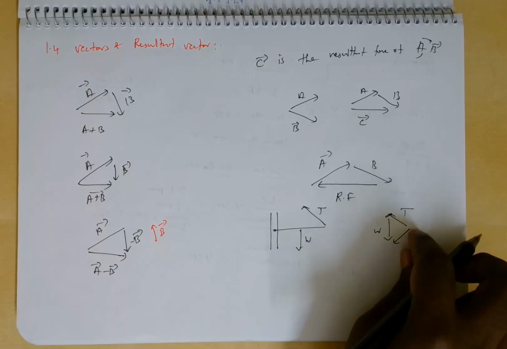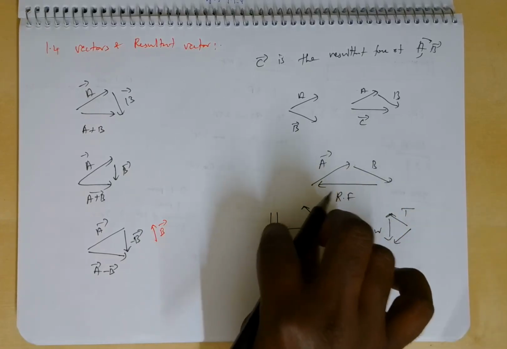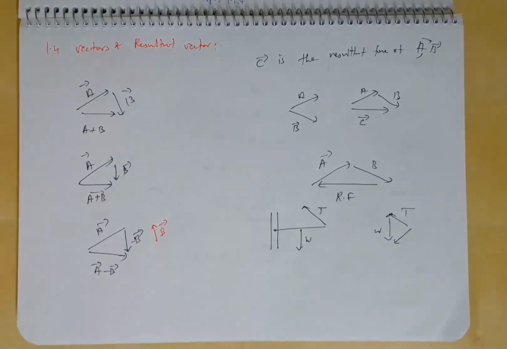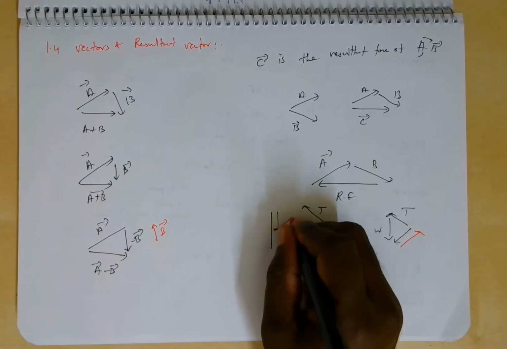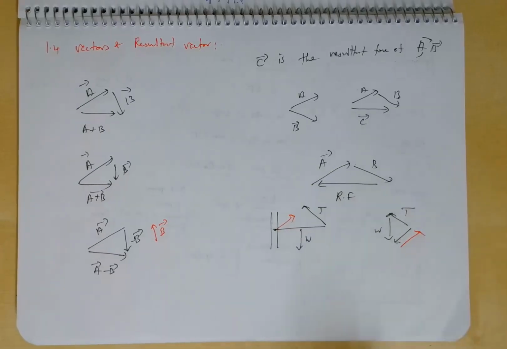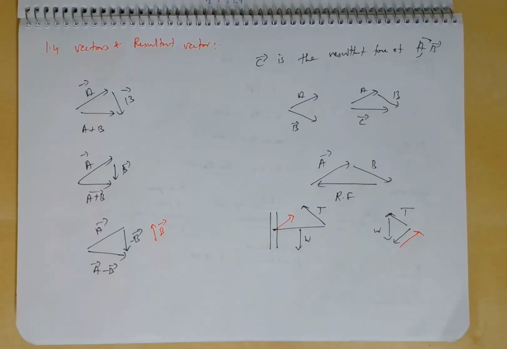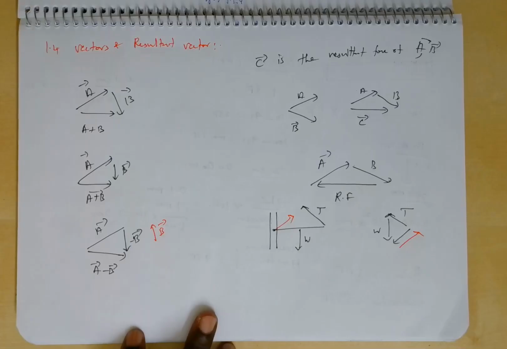This resultant force must be compensated by the force from the hinge, right? So it should be opposite. So it should act like this in this direction. So resultant force is different. If the system is in equilibrium, the force given by the system is exactly opposite to the resultant force. Then only it can balance and result in equilibrium, right?